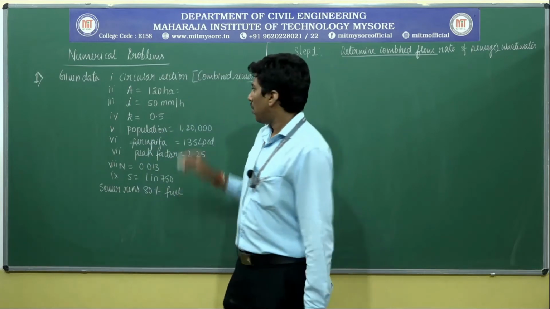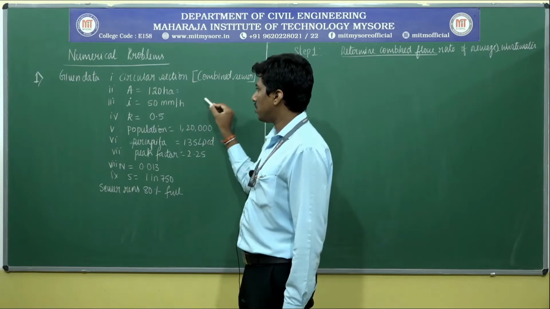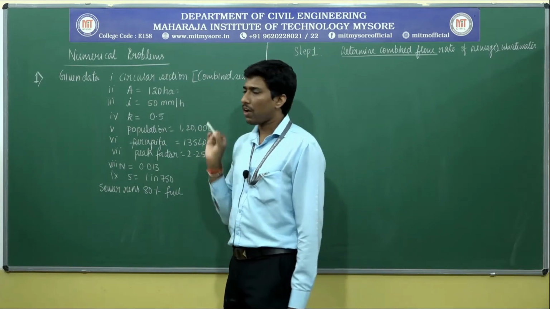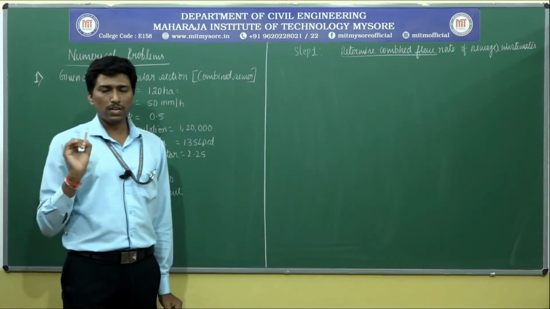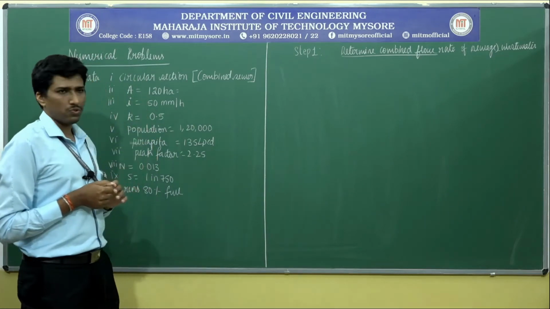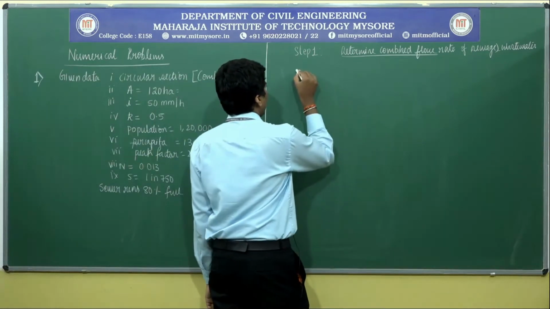The data given here is mainly related to determining the storm water runoff, that we call the wet weather flow, and the dry weather flow is also to be taken into consideration.